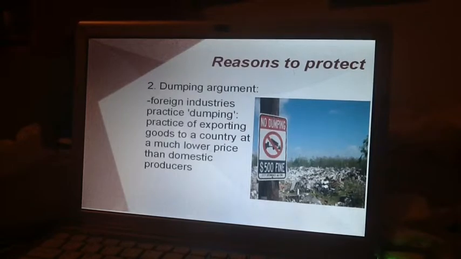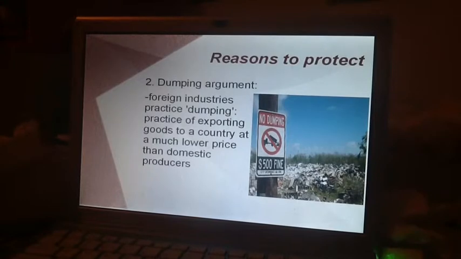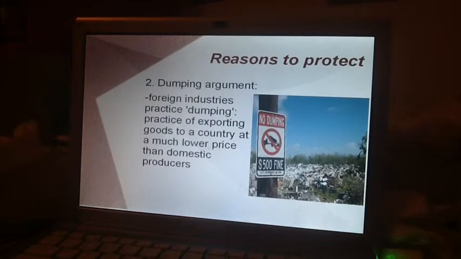They're actually kind of forced out of the business because they cannot have a market share. And so the argument is that we need to protect domestic producers from these foreign industries who are engaged in this practice of dumping.